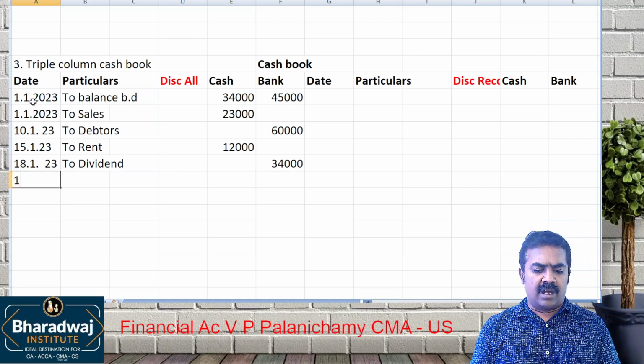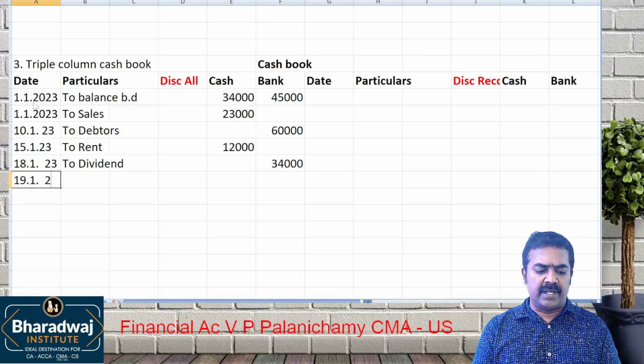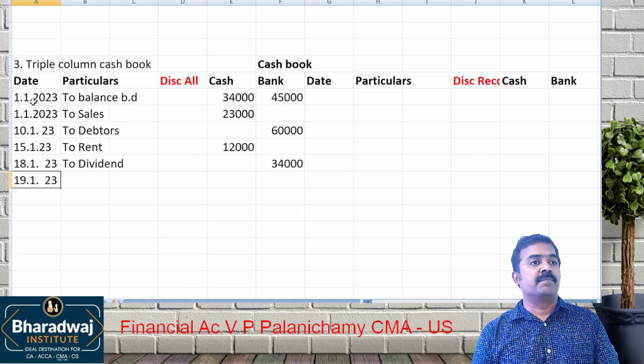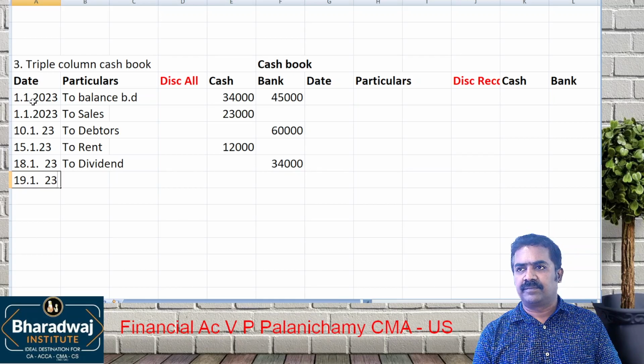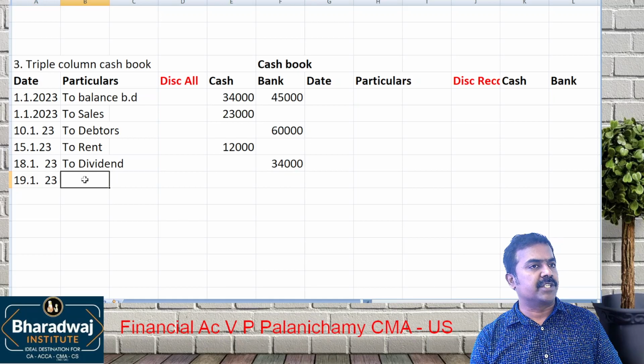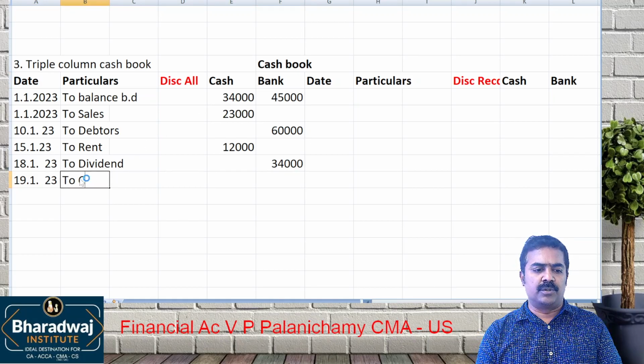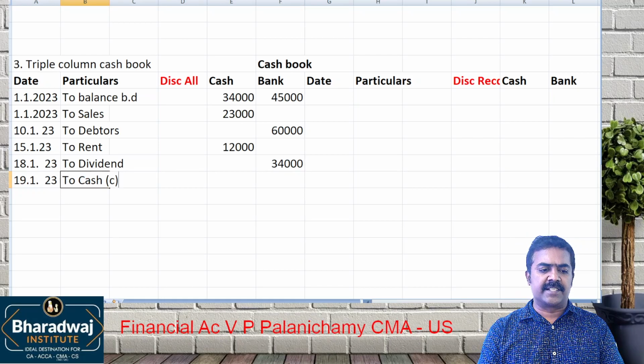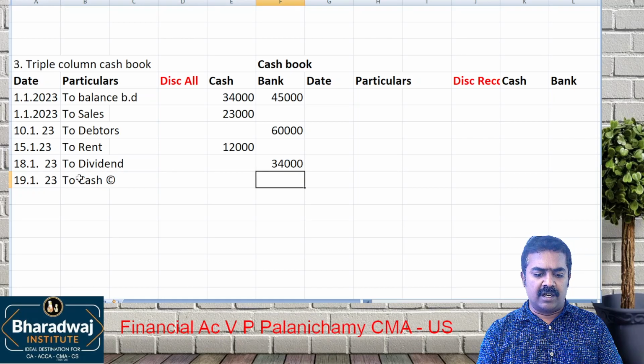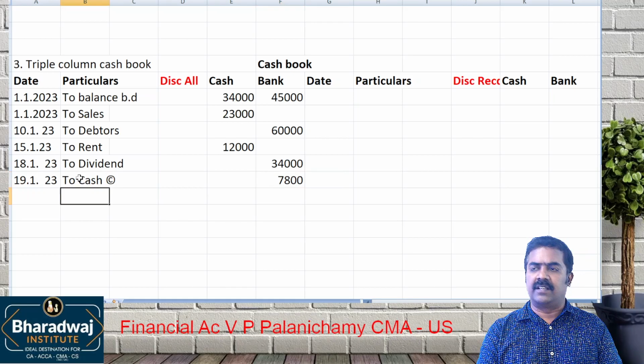Then on 19/1/2023, we deposited cash in bank. What is the entry for depositing cash in bank? Bank account debtor to cash account. It will be entered as contra. In the bank column, let us assume we deposited 7,800.